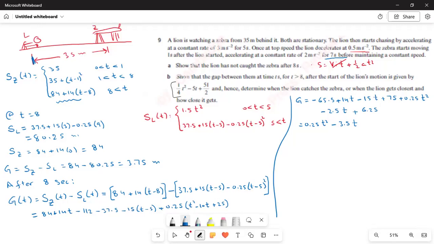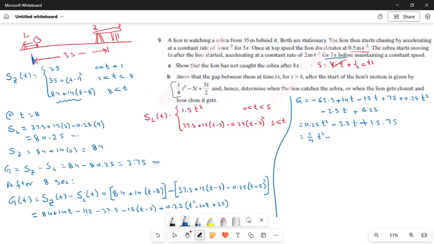And minus 65.5. So this is 15.75. So this is the equation I got for the gap between the two animals, not this one.